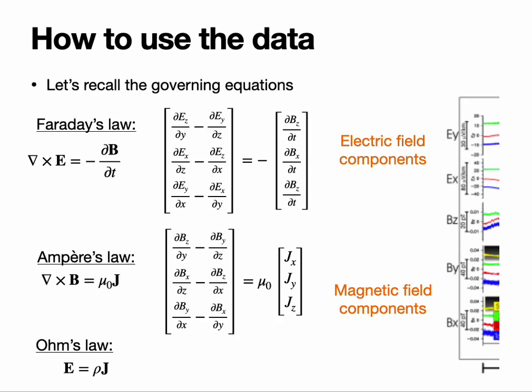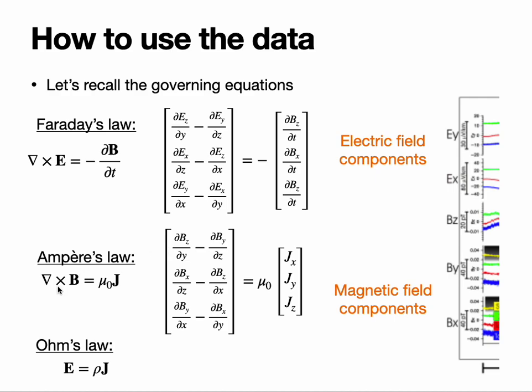So we need to first recall the governing equations for electromagnetism. That's from last week's lecture. We have Faraday's law: the curl of E is equal to minus dB/dt.